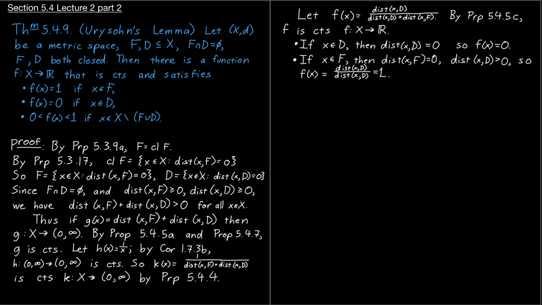And finally, let's look at what happens if x is in X but is not in either F or D. Then the distance from x to D is positive, but so is the distance from x to F. So if we add the distance from x to F, we're going to get bigger.